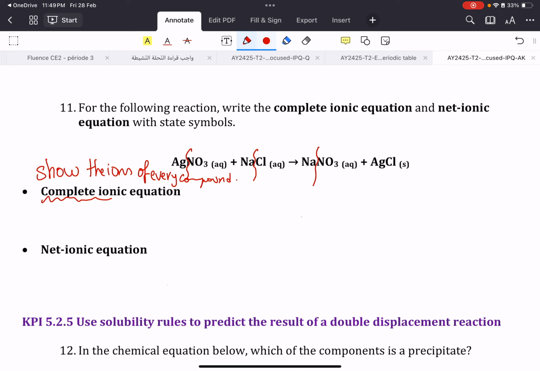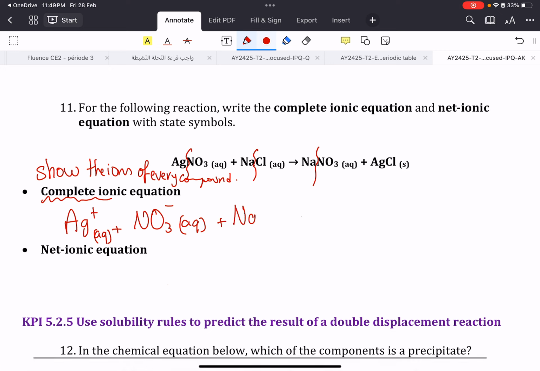So, in the complete ionic equation, that's what I'm going to write. So, Ag plus, I will split and show the ions of every single compound, plus NO3 minus, don't forget to put those physical states in brackets, plus Na plus and Cl minus.